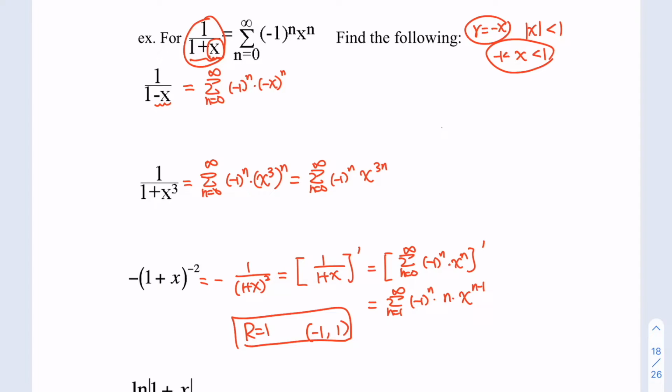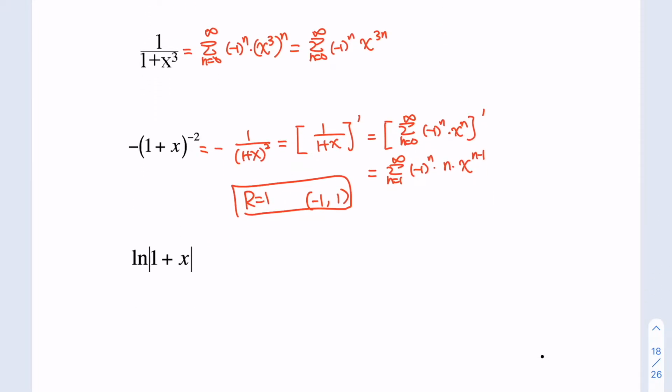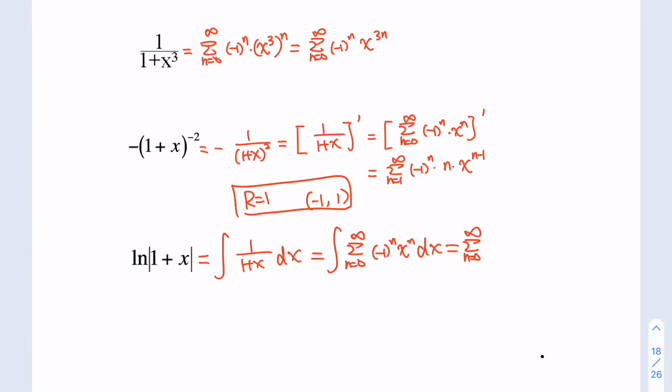But when we take the antiderivative, for example, ln of 1 plus x equals the antiderivative. So we plug this sigma in, and that gives us sigma notation, negative 1 to the n times x to the n plus 1 over n plus 1, plus constant c. So now we have to solve for constant c.